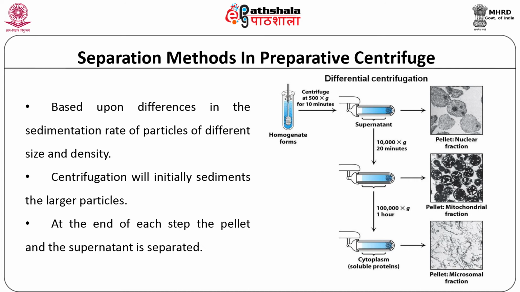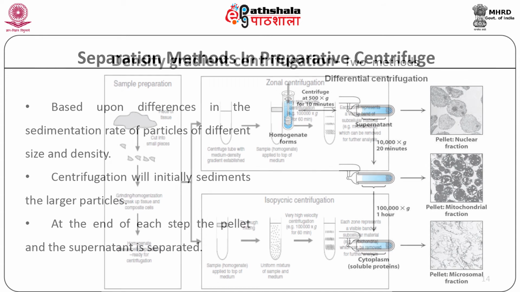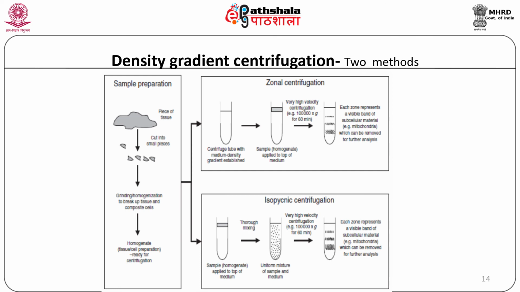For particles with same mass but different density, high density particles will sediment at faster rate than the less dense particles. Most of subcellular organelles can usually be separated by differential centrifugation or zonal method, provided there is about 10-fold difference in their mass. Density gradient centrifugation.